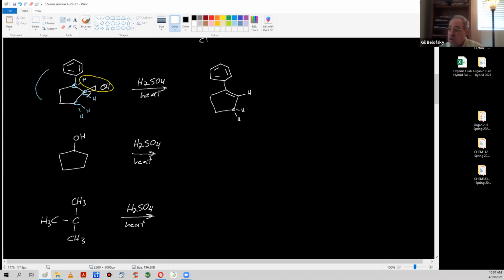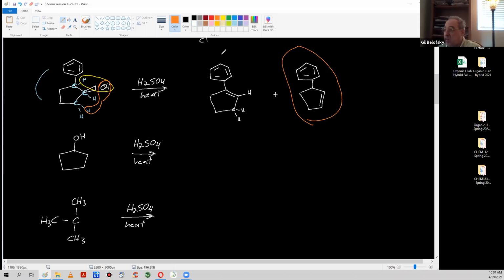That hasn't changed. So alternatively, you could lose OH from there and H from over here, plus you get the double bond here instead. So this is the orange product, and this is the yellow product, as we see.